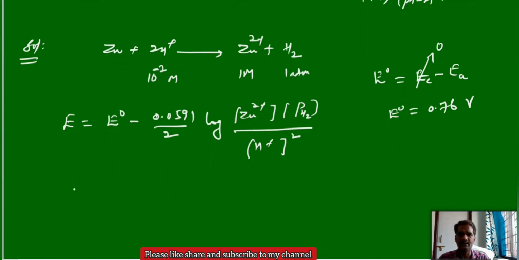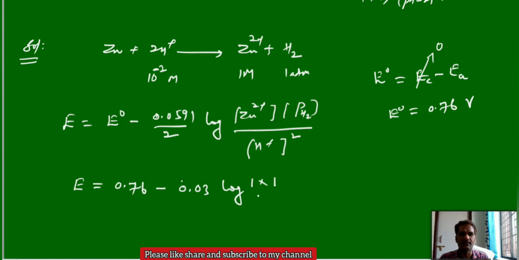Then E cell is equal to 0.76 minus approximately 0.0591 by 2, so you can write 0.03, times log of zinc 2 plus concentration, which is 1, partial pressure of hydrogen, which is 1, and H plus concentration 10 power minus 2, power 2, meaning 10 power minus 4.